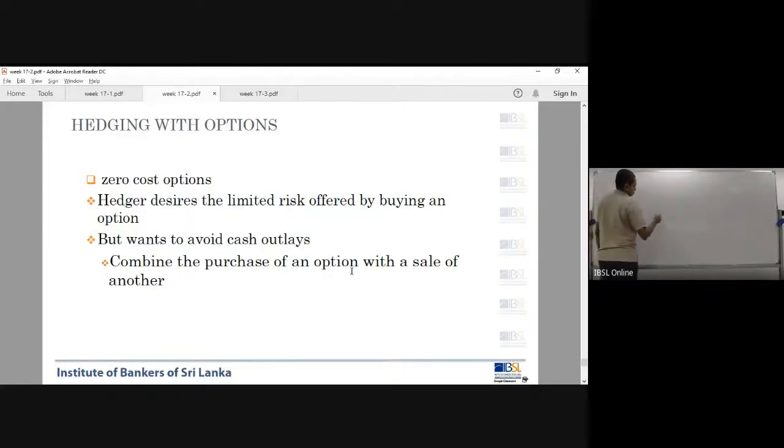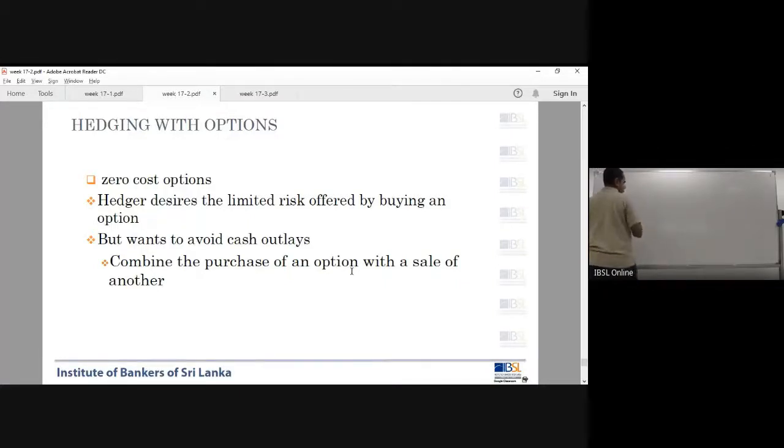You are buying a call option which has a higher strike, and you sell the put option at a lower strike.